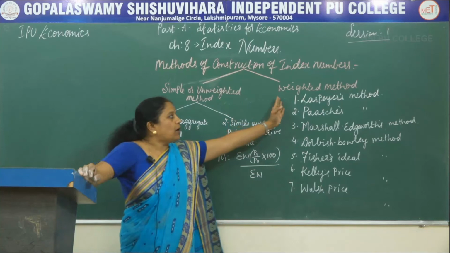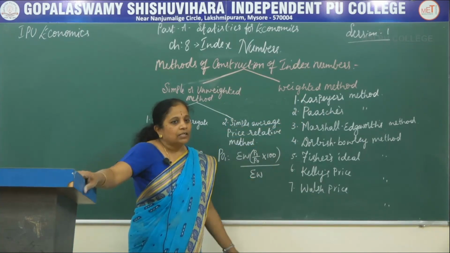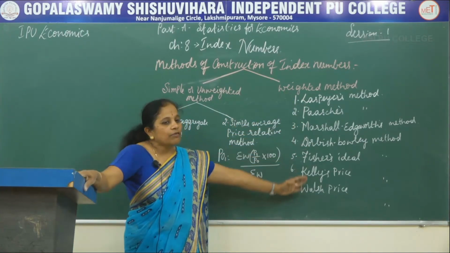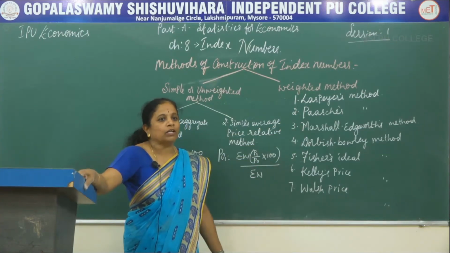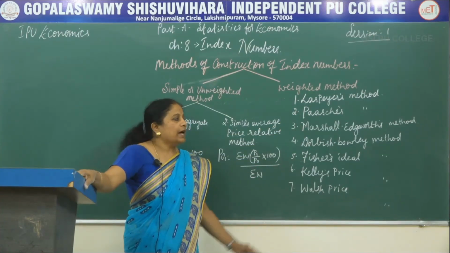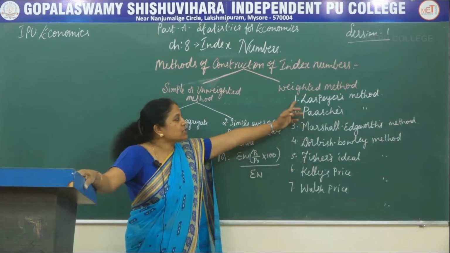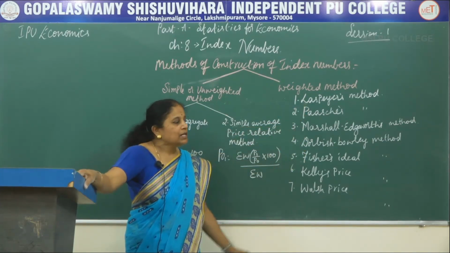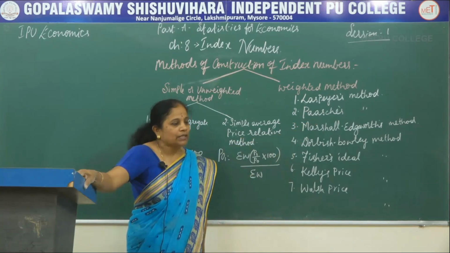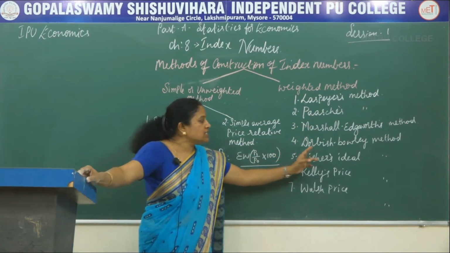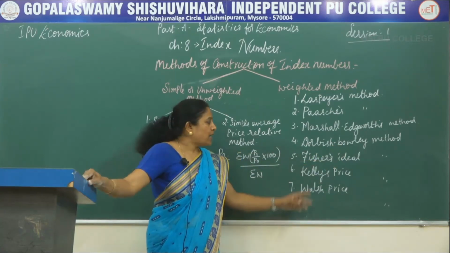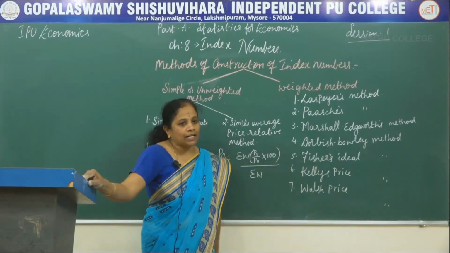Now let us see the weighted method. The weighted methods are of different types. Different statisticians have given their own formulas. The first one is Laspeyres method, second is Paasche method, third is Marshall-Edgeworth's method, fourth is Dorbish-Bowley method, and the fifth is Fisher's ideal method.